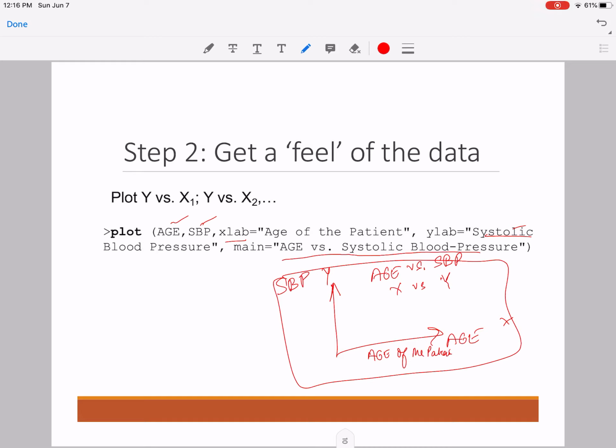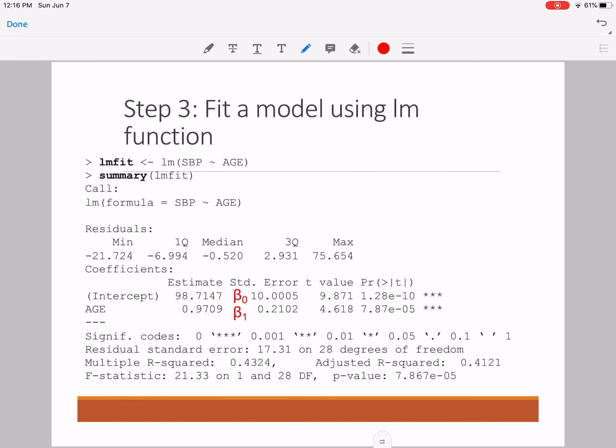So it's going to generate a nice, production-level plot that will have the axes labeled. It's going to have a nice title for this entire figure, and it is going to plot the relationship between X and Y, a scatter plot essentially. So that's step number 2, that gives you a feel of the underlying data.